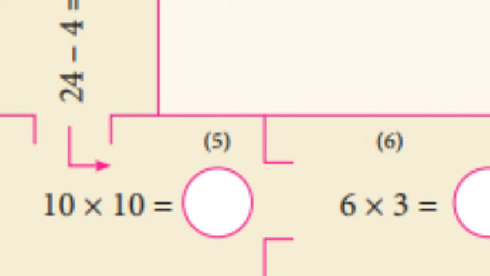The answer is 100. So children, 10 into 10 is equal to 100.